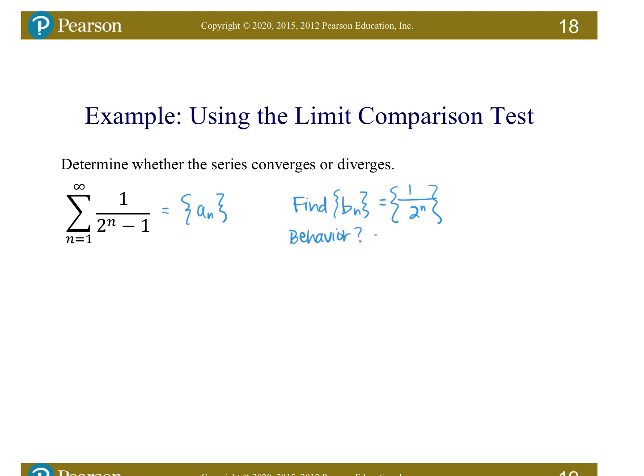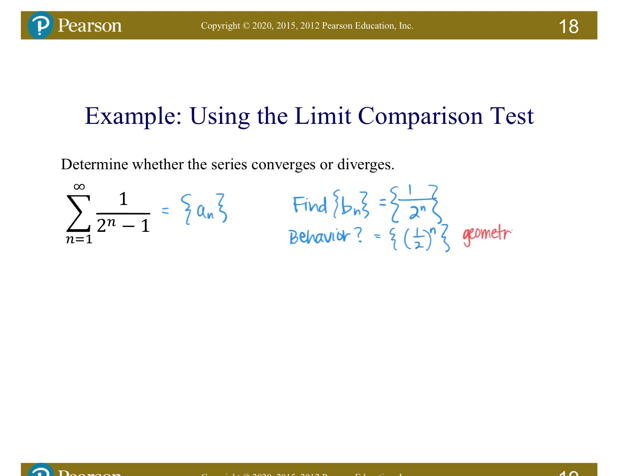Well, we can rewrite this as 1 over 2 to the power n. And you might recognize that, if you can write it that way, as raised to a power, this is a geometric series.